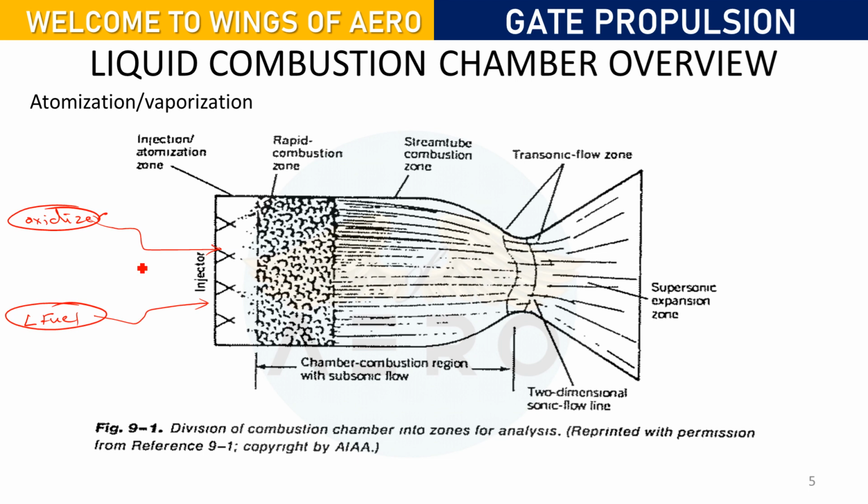So this is an injector. Both the fuel from the fuel tank and the oxidizer from the oxidizer tank come and meet at the injector. Injector means something which is ejecting out. There are a lot of different kinds of injector designs, right?